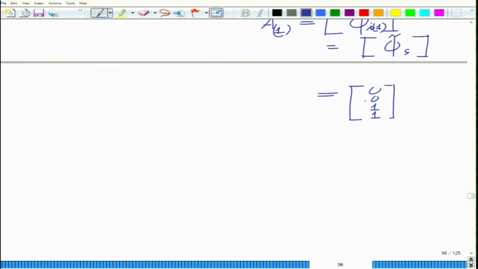Okay. So, this is the fifth column, and now you solve the least squares problem, y bar minus a1 x bar. Remember, this is the first iteration.